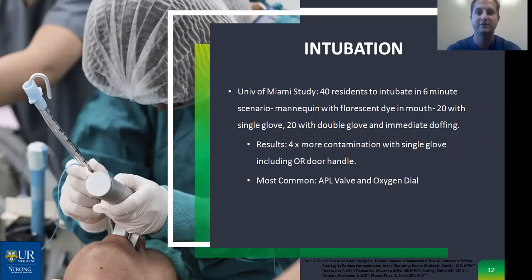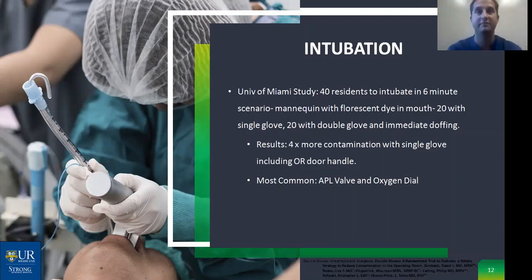He had them intubate in 6 minutes, and they used a mannequin that had fluorescent dye in its mouth. Half of the 40 residents had single gloves and washed their hands and put new gloves on. The other 20 had double gloves and had a reminder to remove those gloves as soon as they intubated the patient. Intubation of the patient meant as soon as the tube was in and the balloon was inflated.